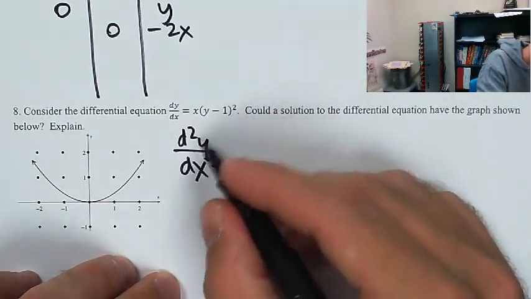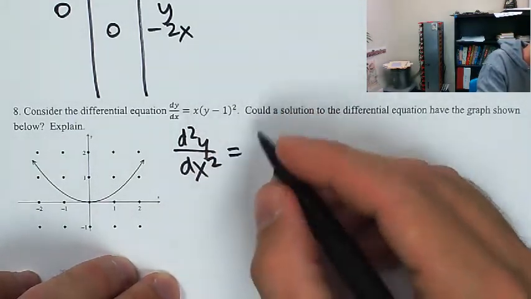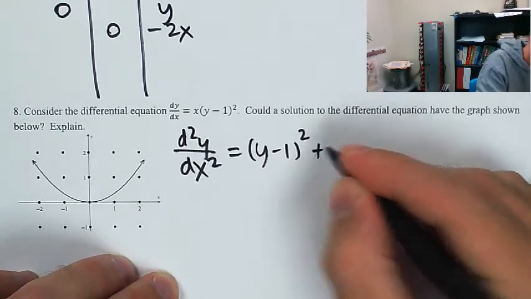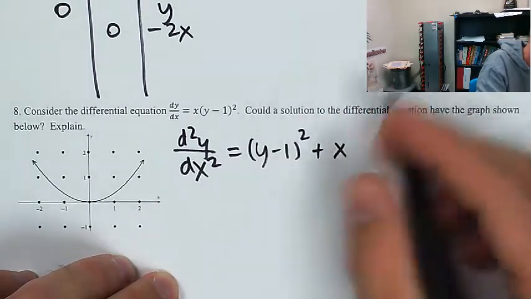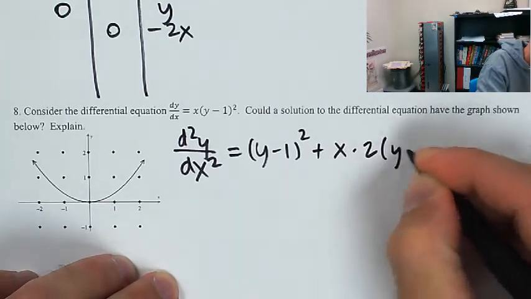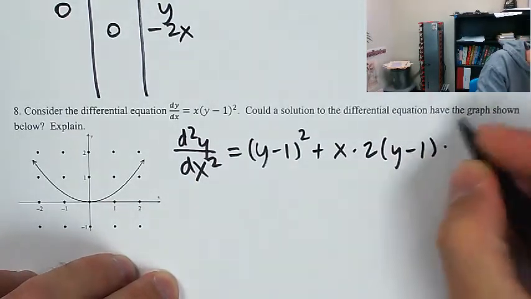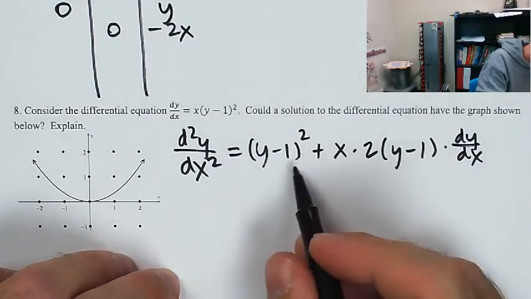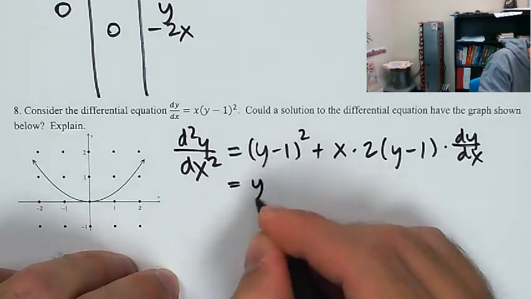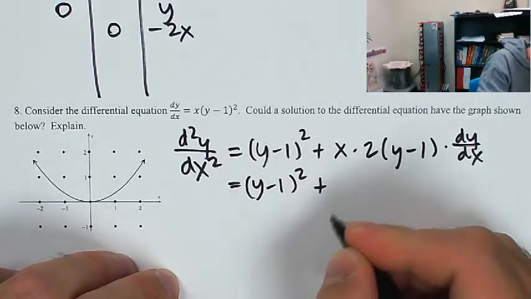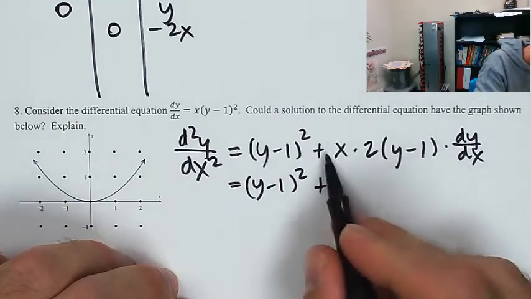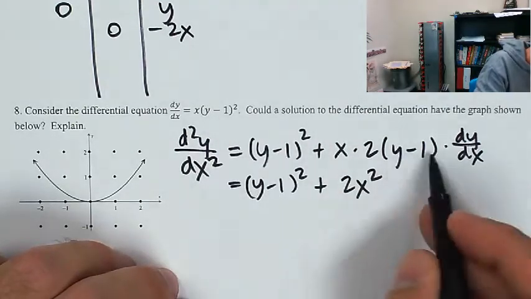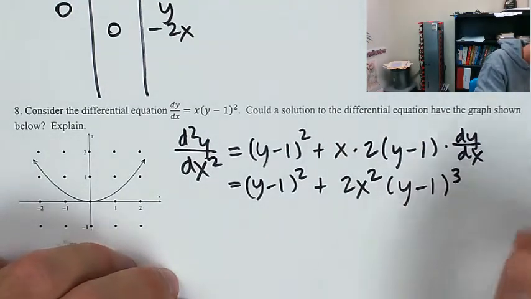I don't know. All right, second derivative, that's equal to taking the derivative of x, leaving y minus 1 squared the same. Then leave x the same and take the derivative of that. That's going to be 2 times y minus 1 to the first times dy dx. Okay, and so, if I combine all of these things, 2x and another dy dx, that'll be 2x squared. I'll bring in 2 more powers of y minus 1, so that'll be y minus 1 to the third.